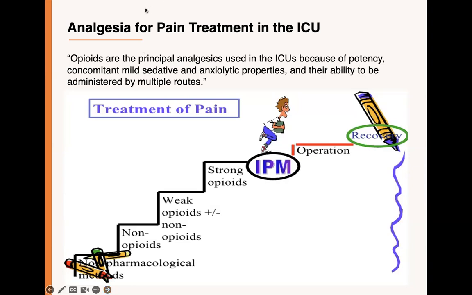And when you come to severe pain, you give a strong opioid. But there is also an option for interventional pain management, which is the concept of regional analgesia, spinal and epidural, and for those whose pain requires surgery, an operation can be a way forward to remove the pain, and then the patient will recover from that.